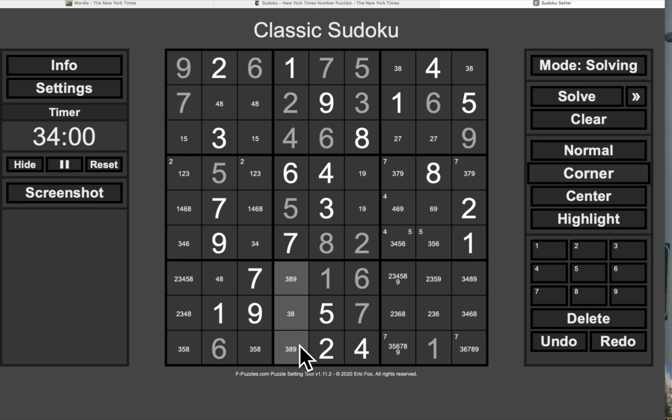I have no 3s or 8s, so in row 7, 8, or 9, which is why these pointers don't do me much of any good. This 9 and one of these being a 9 says one of these has to be a 9. All that says is this cell can't be 9, but I knew that already, so putting corner marks on these 9s don't do me any good.